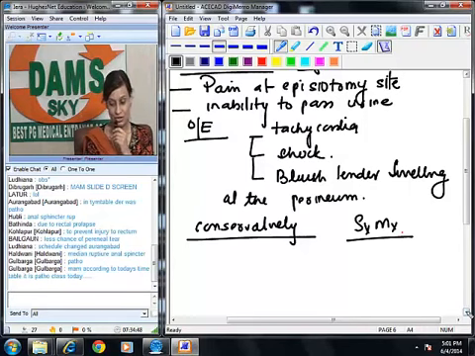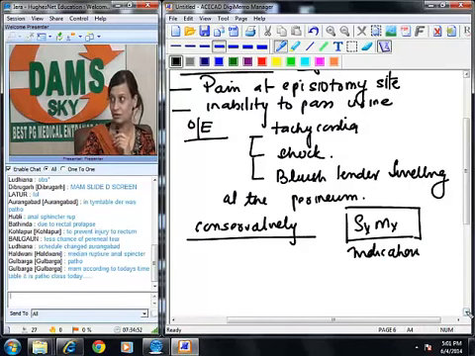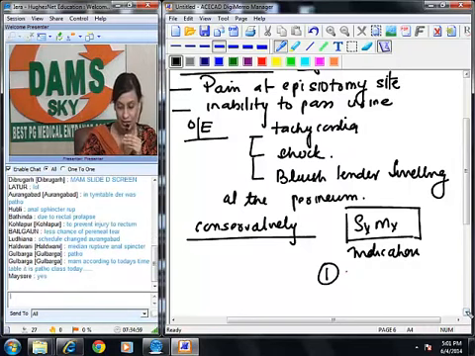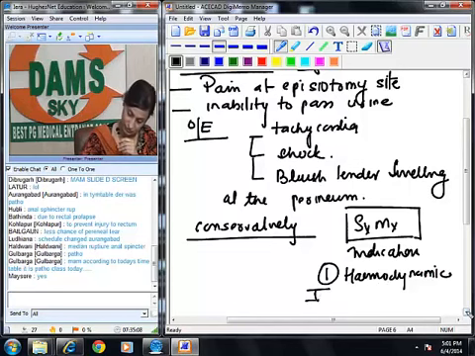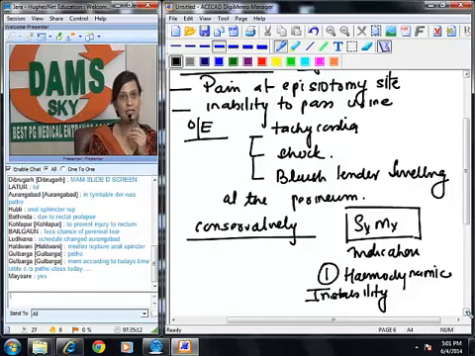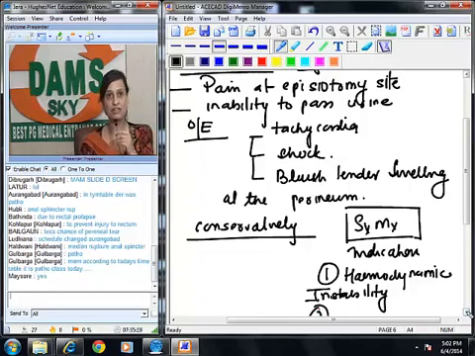Now, the indications for surgical management are, number one, anytime a hematoma leads to hemodynamic instability in the patient, irrespective of the size of the hematoma.